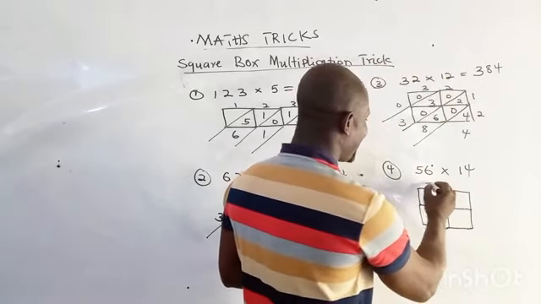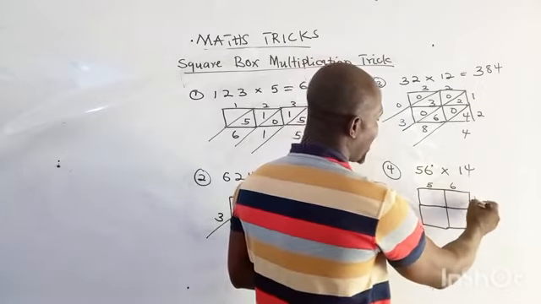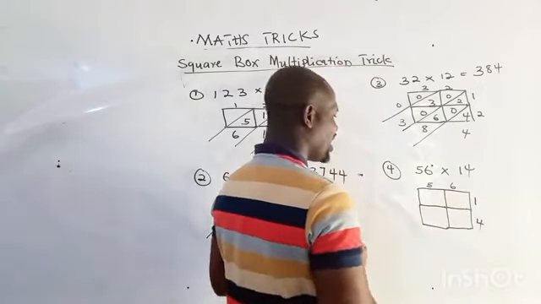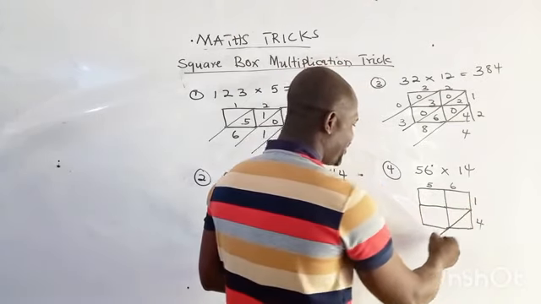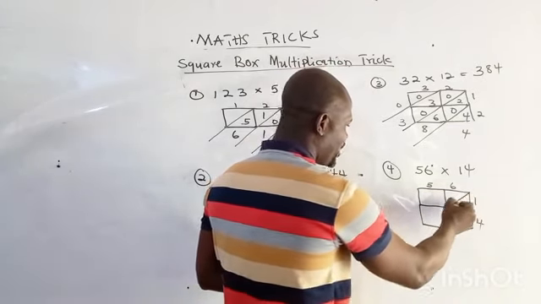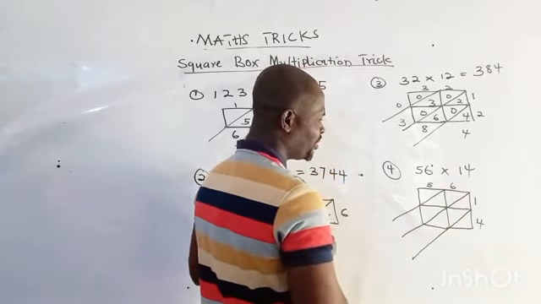So 5, 6, you have the 5 here and the 6 here as well. Then 14, 1 and 4. Now we divide the diagonals. This diagonal first, then from here throughout to this side, and then the last one as well.